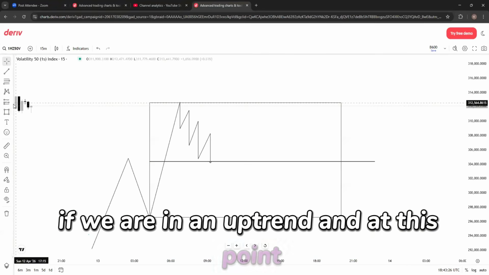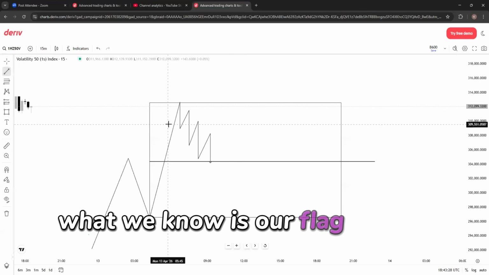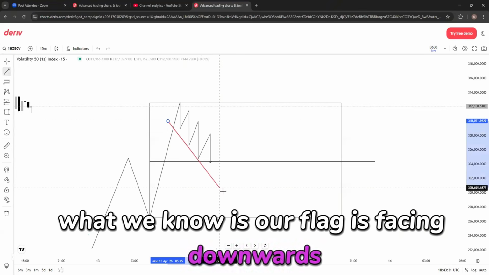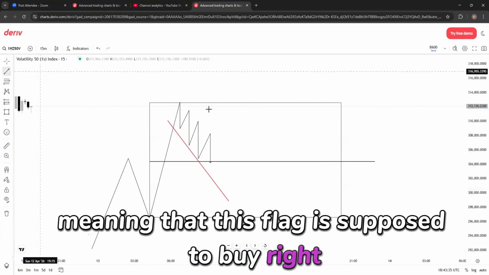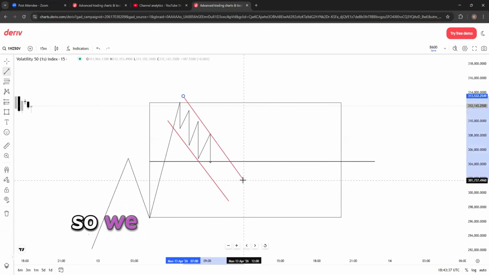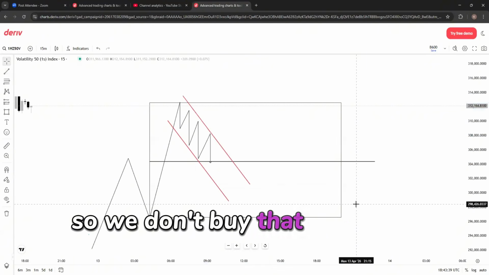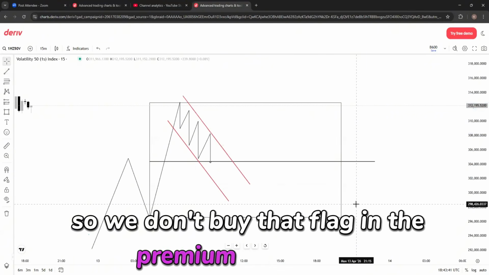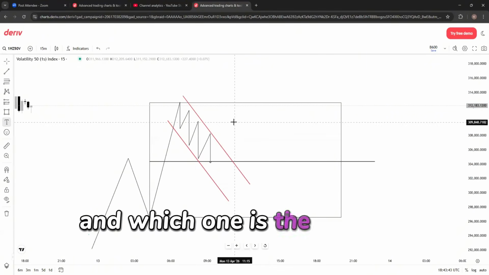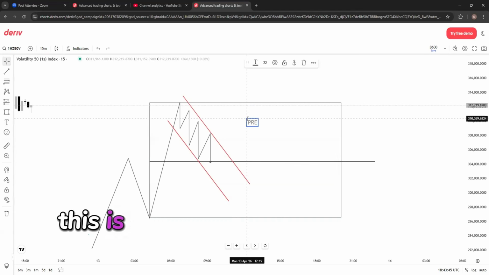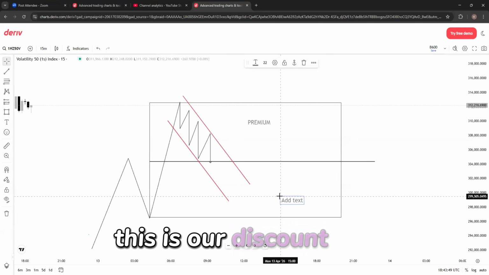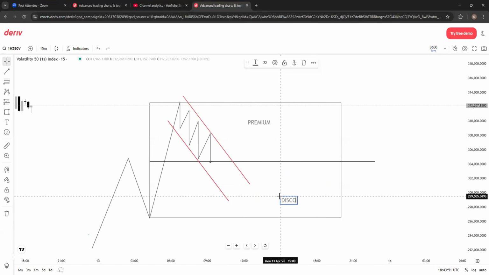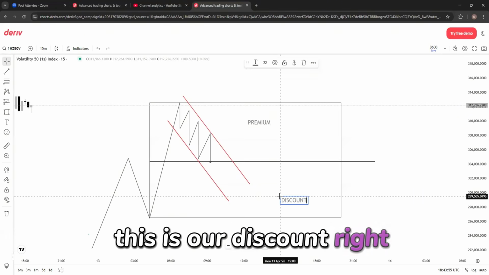At this point, our flag is facing downwards, meaning that this flag is supposed to buy, right? So we don't buy that flag in the premium levels. Which one is the premium that we're talking about? This is our premium. And which one is our discount? This is our discount, right?